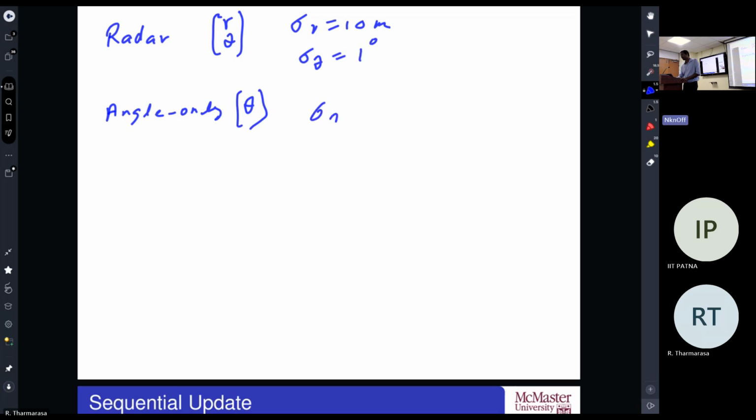This one has sigma theta of 0.5 degree. Sigma means standard deviation, right? The measurement standard deviation of the angle-only sensor is assumed smaller than the radar angle measurement. These are the two sensors. And let's say their sampling times are 2 seconds for this one and 3 seconds for this one.